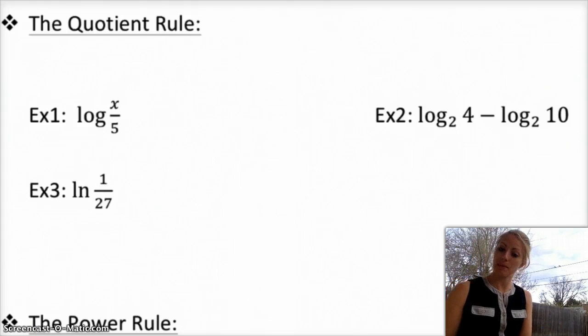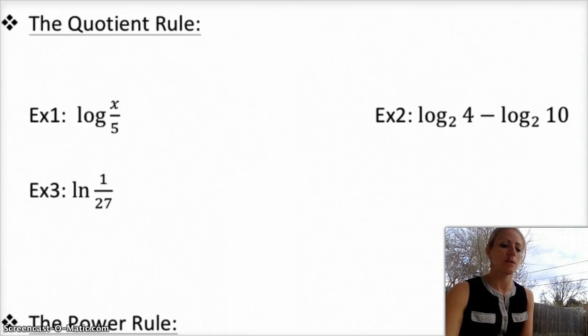Next is the quotient rule. This one is similar to the product rule, but it basically says that if you have a quotient inside the log, you can split it up with subtraction. And it's important that you note that the numerator always comes before the denominator. So it would be the numerator minus the denominator.